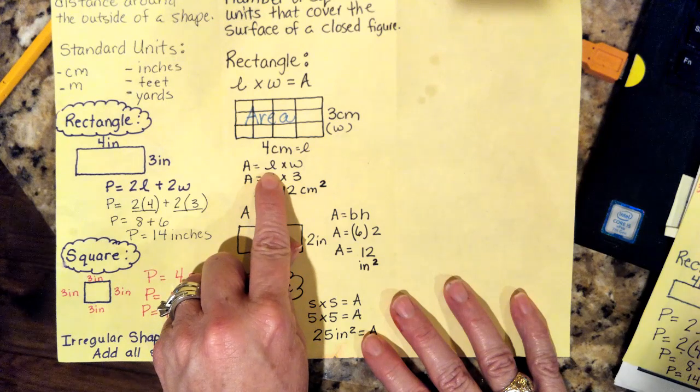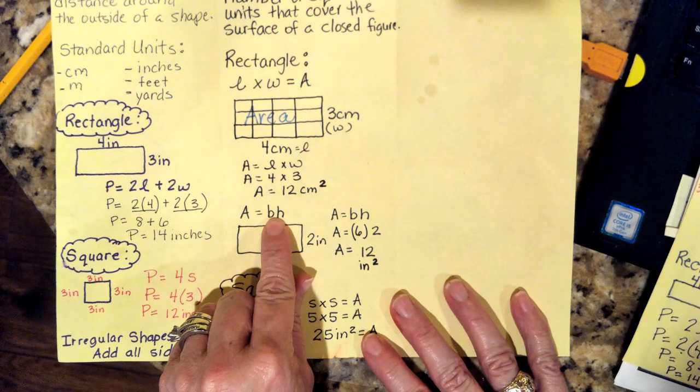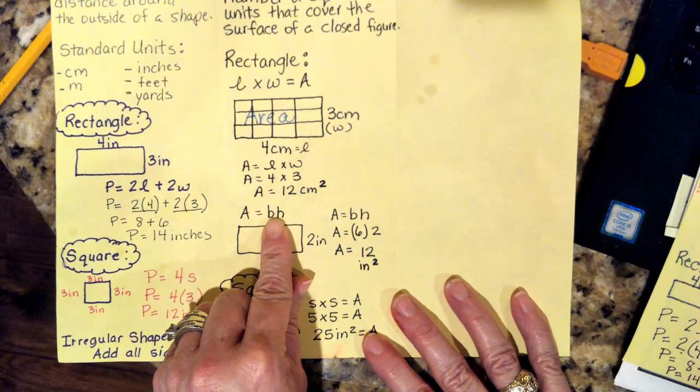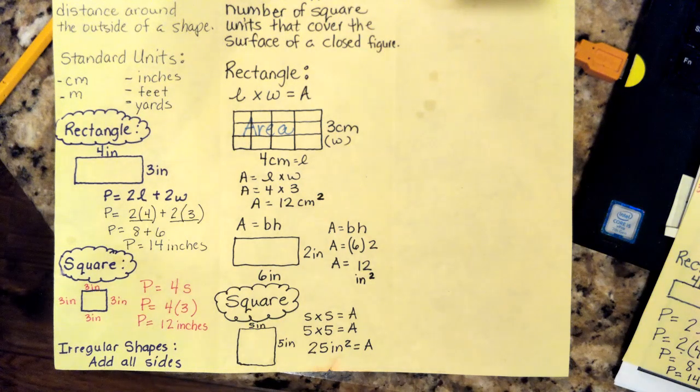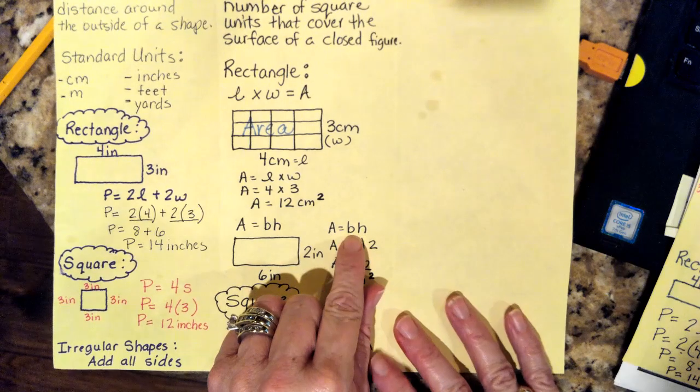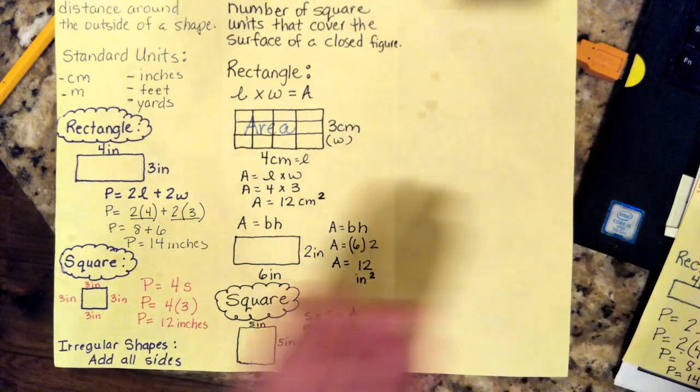One thing that we did talk about last week was the fact that sometimes in place of using the letter L, that italicized L, they'll replace it with the letter B, and B just really means base. So sometimes they're going to change out the letter L for B, and that really doesn't do anything for us except it changes the formula, because the base is the bottom.